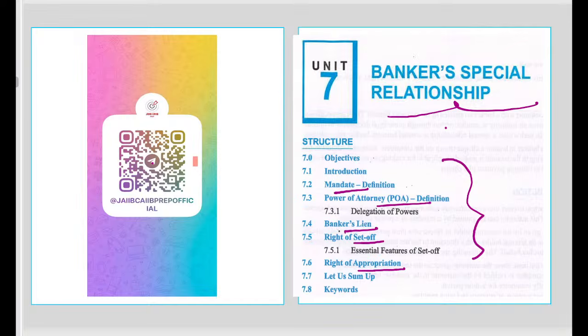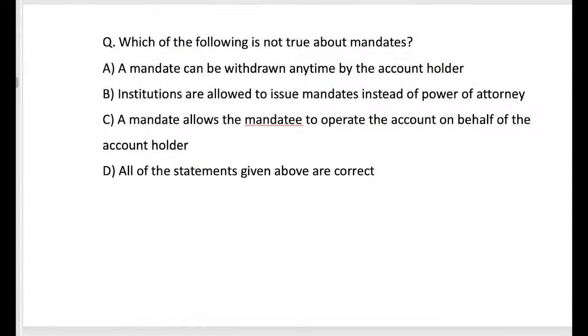Banker's special relationship. So banker's special relationship, which includes power of attorney, bank lien, right to set off and others. They are generally part of this one. Okay. Question 1. Not true. Incorrect about mandate.